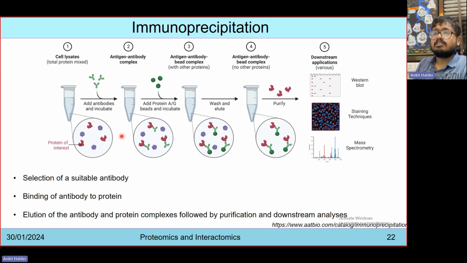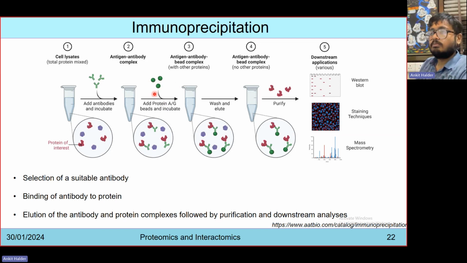You start with cell lysates which contain your total protein mix, having your proteins of interest. You know which particular proteins you are targeting, so you add antibodies against that and incubate. Then the antigen-antibody complex forms, and you now add protein G. Why are you adding protein A or protein G?